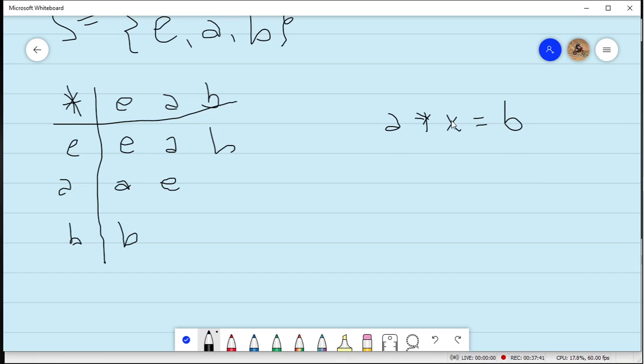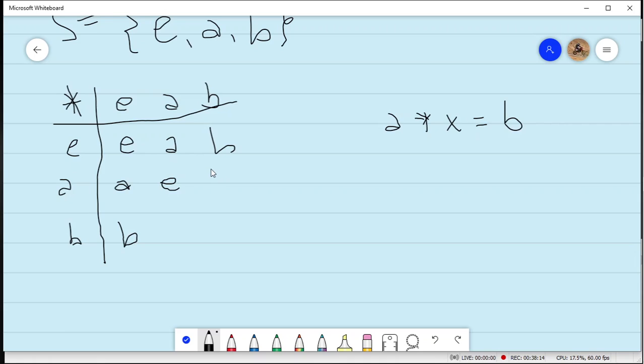Meaning, something must be operated to A so that its result is B. In other words, B should be found in the row containing A. There should be B somewhere here. Okay? But there is only one spot, so it should be B.